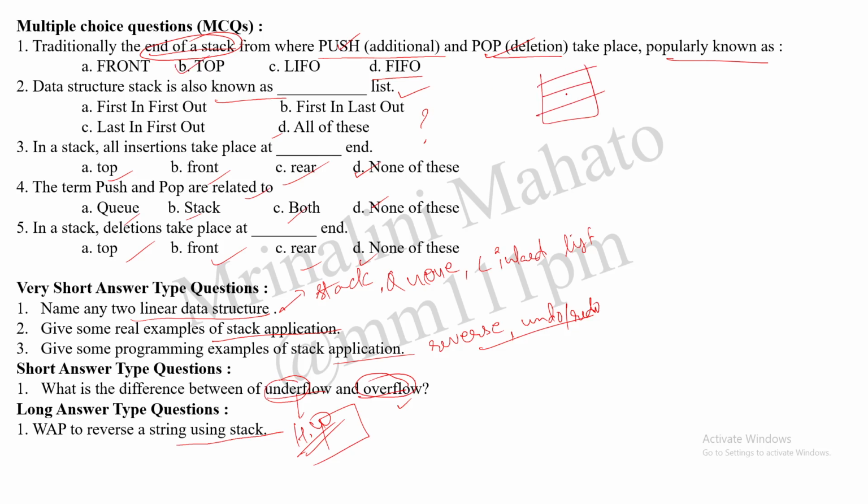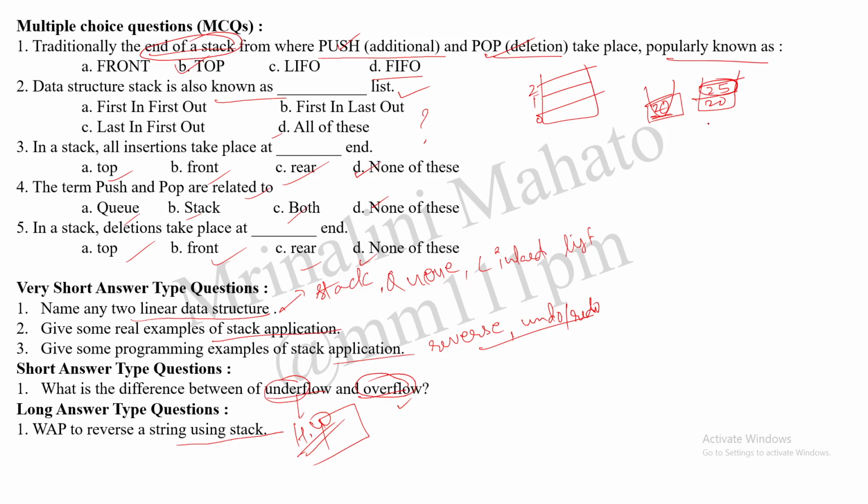Look here: 0, 1, 2. The top element is 2. So whenever we insert an element, suppose I insert 20, we insert from the top only, right? After 20, suppose I want to insert 25, then this is our next top element.